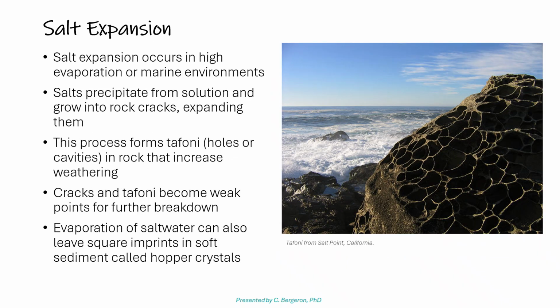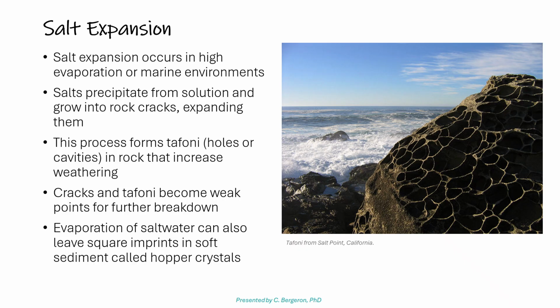The last type of mechanical weathering we'll talk about is salt expansion, which is similar to frost wedging, but this type occurs in areas where there is high evaporation or near a marine environment. So these are areas that experience an influx of salts and salt precipitation.